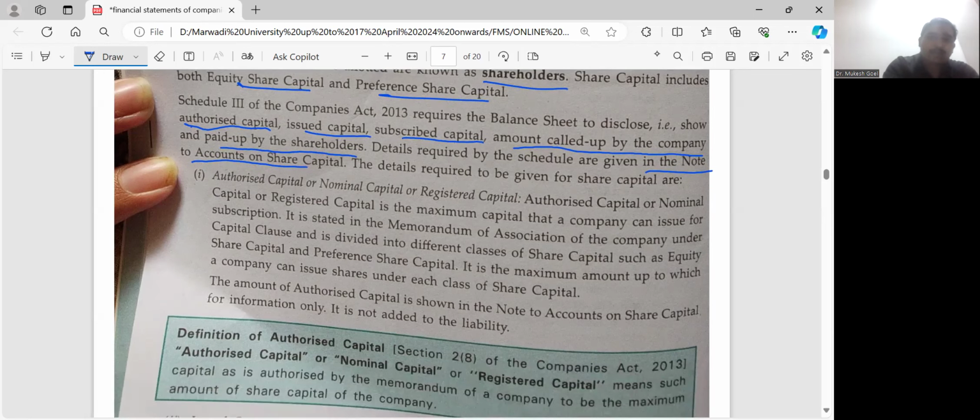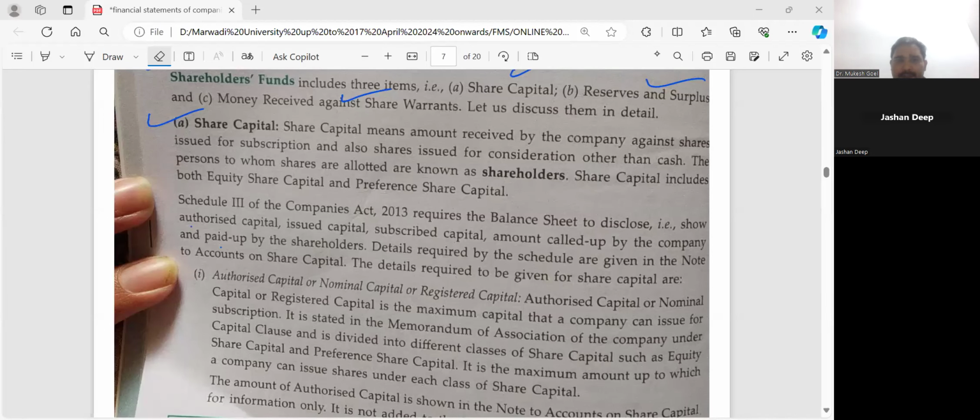So first of all, we will discuss authorized share capital, nominal share capital, registered share capital. Authorized capital, or nominal or registered capital, is the maximum capital that a company can issue for subscription.